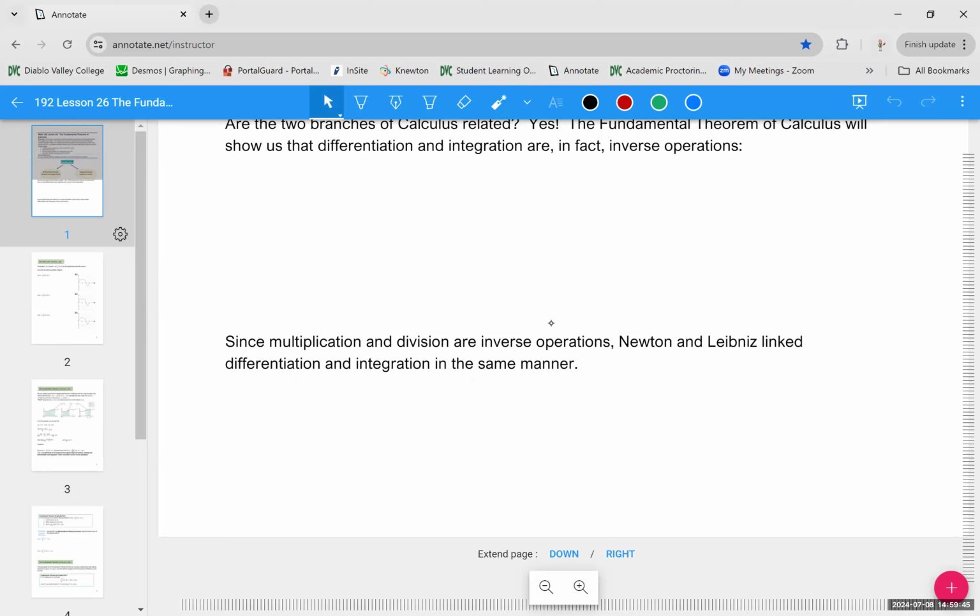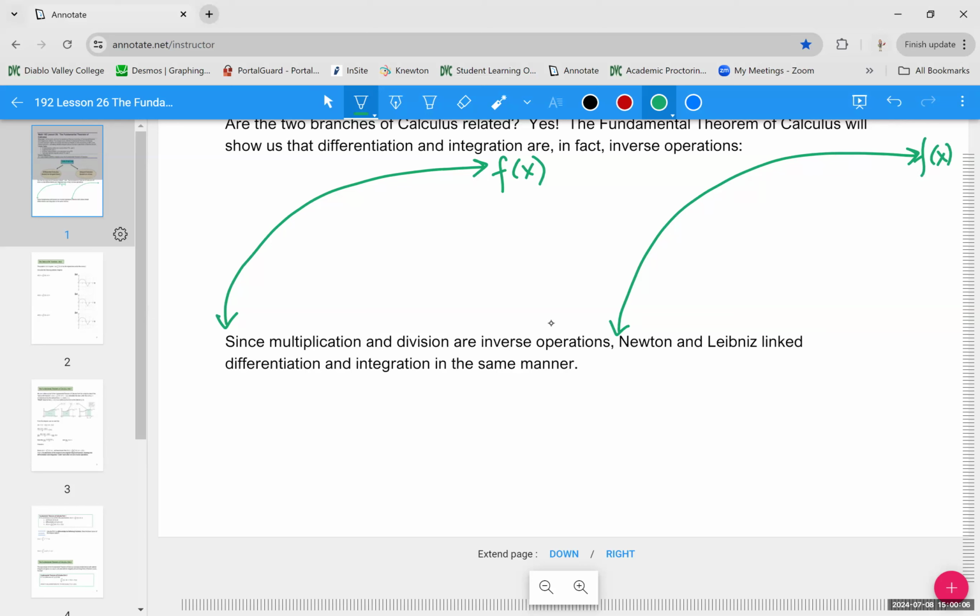I'm going to show you a very crude visualization that can help you think of how these two things could be inverses. I'm going to take a function f of x and draw it twice. We're going to talk a little bit about differentiation.